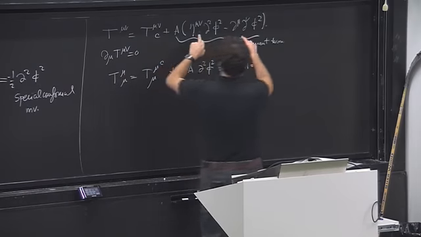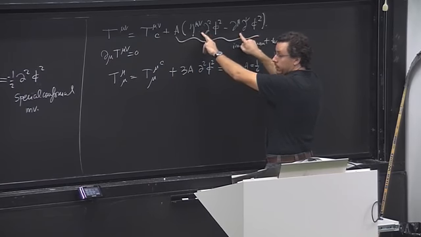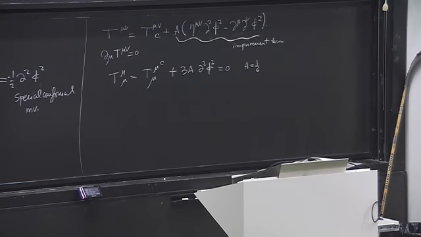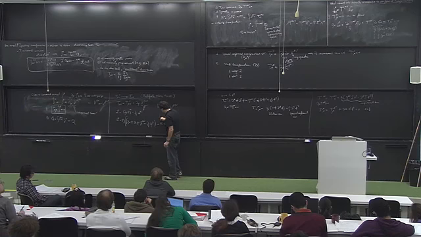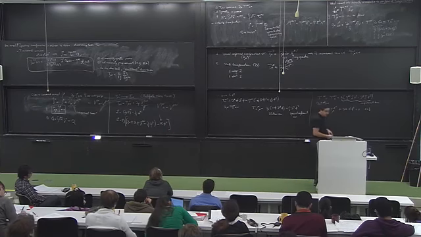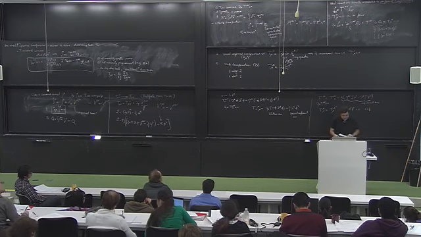So this combination is precisely the contribution to the gravitational stress tensor that would arise from coupling phi to curvature. Okay. So there is some logic in this madness. I mean, these terms have a deep geometrical origin in terms of possible terms that you can write down when you couple the field theory to gravity.